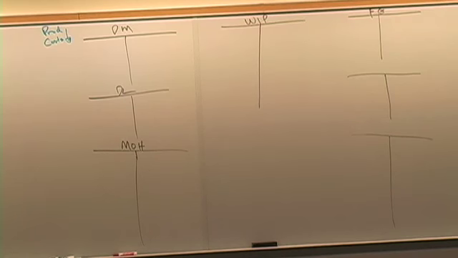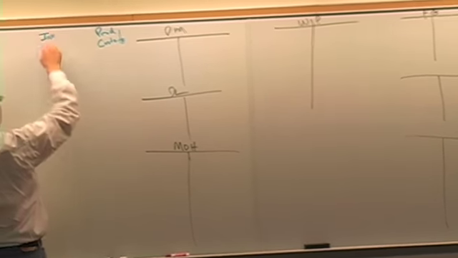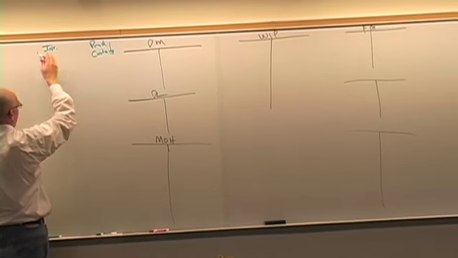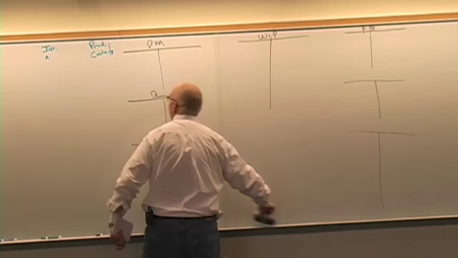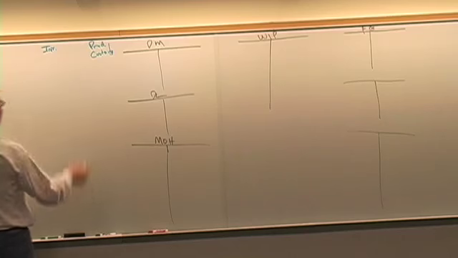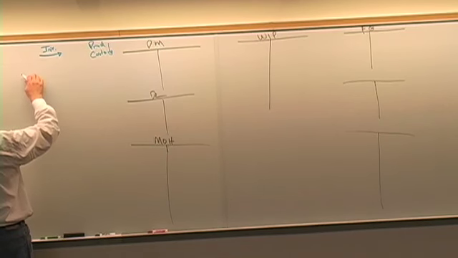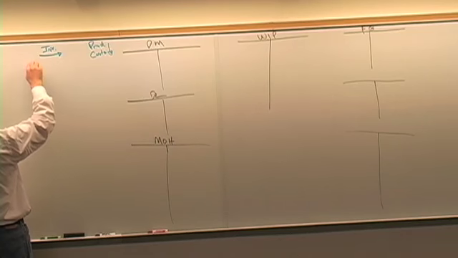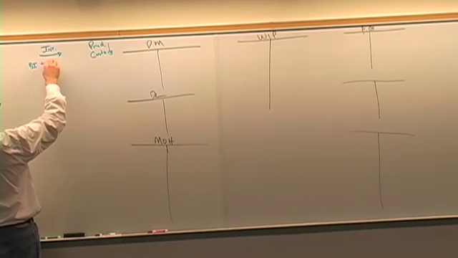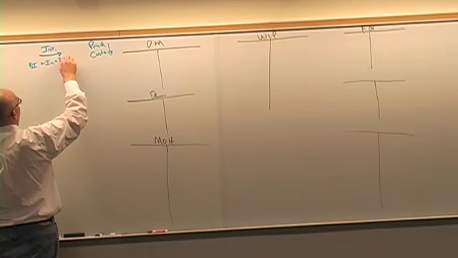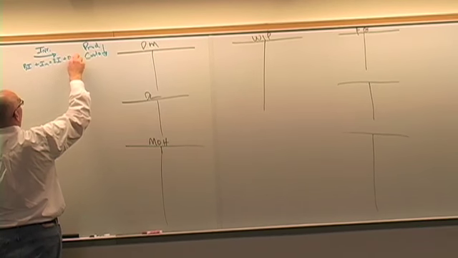Across the top, what we have are inventory accounts. Actually, I just label it inventory. And in each of those inventory accounts, we can use this formula: beginning inventory plus in equals ending inventory plus out.